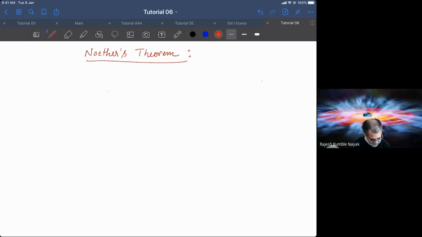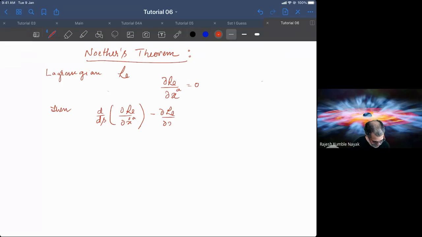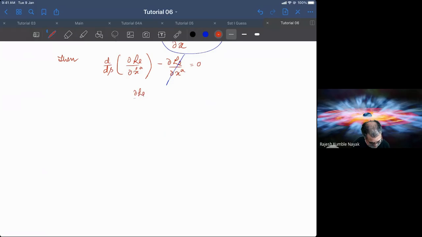So you are all familiar with the classical mechanics concept that for a Lagrangian L, if a specific coordinate x^a is absent, so that dL/dx^a is equal to 0, then from our Lagrange equation, d/ds of dL/dx dot a minus dL/dx^a equals 0, this term goes away, and that leads to dL/dx dot a being equal to a constant along the curve.